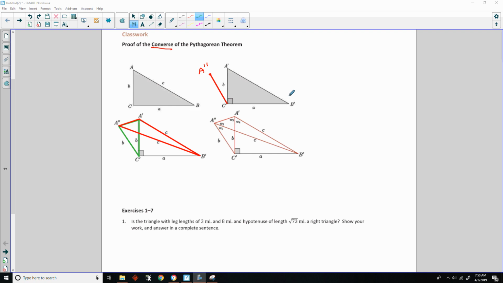So now we can say triangle A double prime, C prime, A prime is isosceles and therefore has base angles that are equal in measure. Okay? In other words, W sub 1 plus W sub 2 equals W sub 3. I'm going to write that over here.